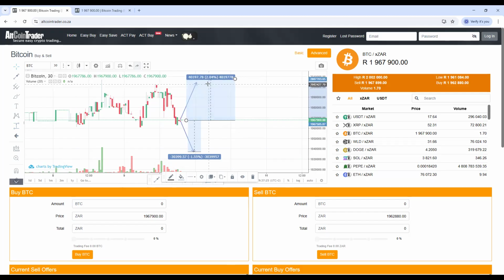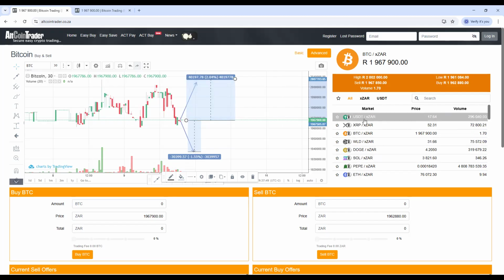So if they said 1 to 10, they would make 20%. If they said 1 to 25, they would make 50% on this trade. But the thing with stock market trading is that when it goes the opposite direction, you lose 1 to 25 or 1 to 10. With this, that doesn't happen.